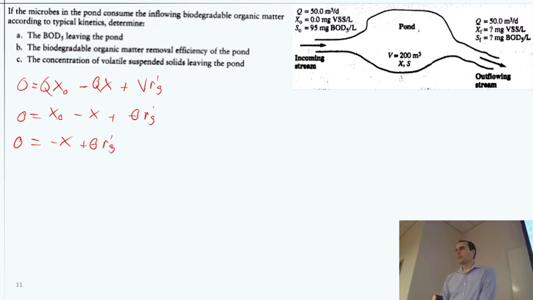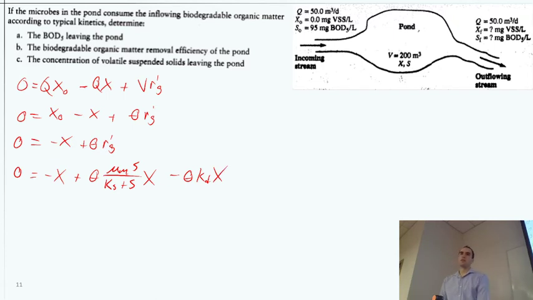And we can go ahead and expand that r prime g out and say this is going to be 0 equals minus x plus theta times the growth, which was mu max s divided by ks plus s times x, and then theta times the decay, because we have theta there, is just simply going to be kd times x.